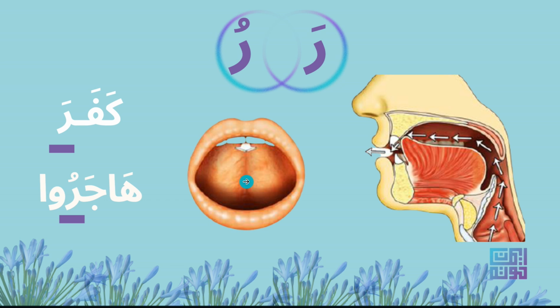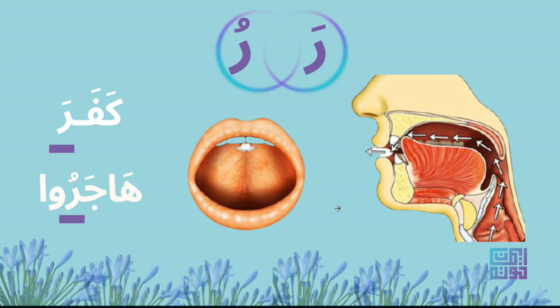It's a very interesting and very important lesson, actually. So here, when we pronounce the ra, the tongue closes behind against the upper two teeth from the back, and it leaves a small opening where all this sound passes through.